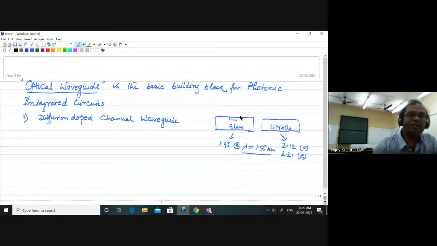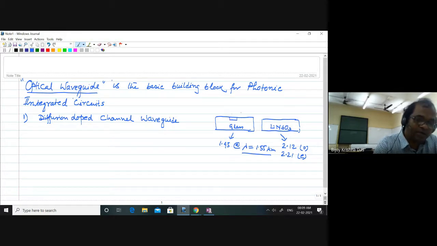Normally it is done with some kind of metal, that can be aluminum or any other metal. If you can somehow incorporate it in the surface layer selectively to define the core of the cross section, that region, because of the presence of foreign material, will show some change of refractive index. But you have to be careful that the refractive index should increase.